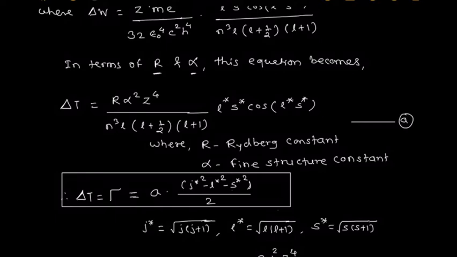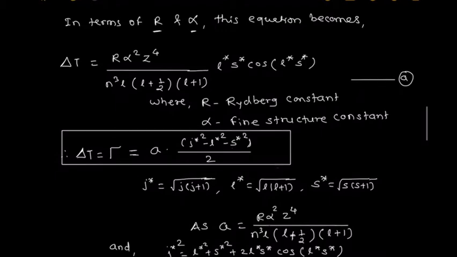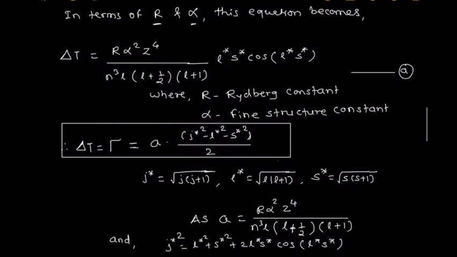And using the cosine rule, we write the value of J star square is equal to L star square plus S star square plus twice L star S star cos L star S star. We put the value directly for L star S star cos L star S star, and we write the simplified term J star square minus L star square minus S star square divided by 2.